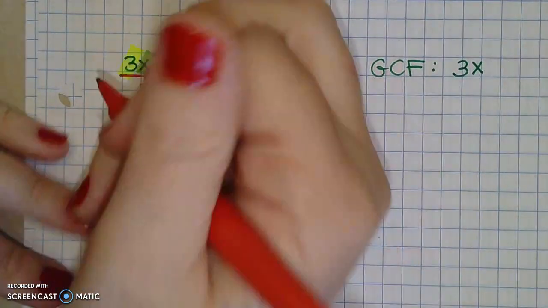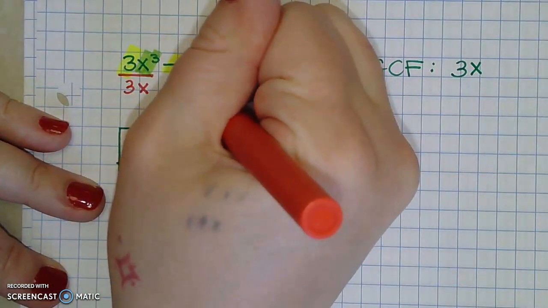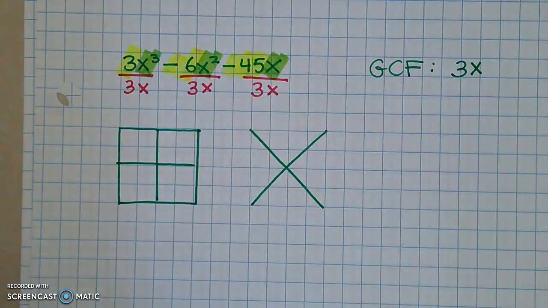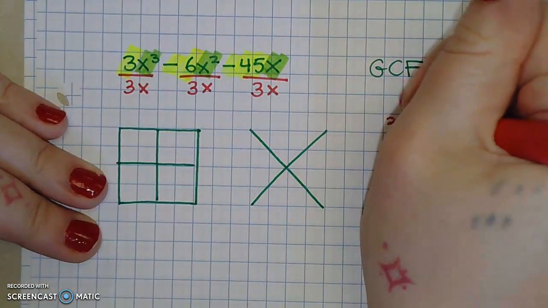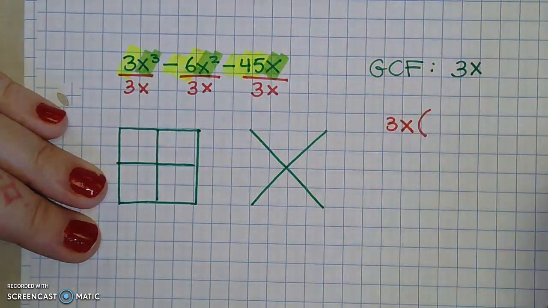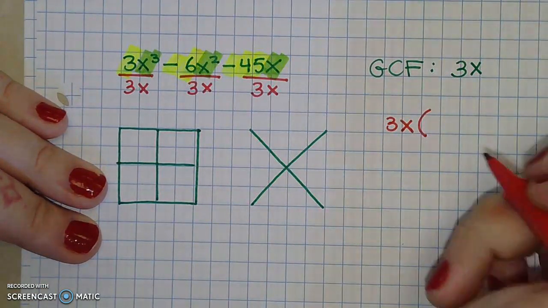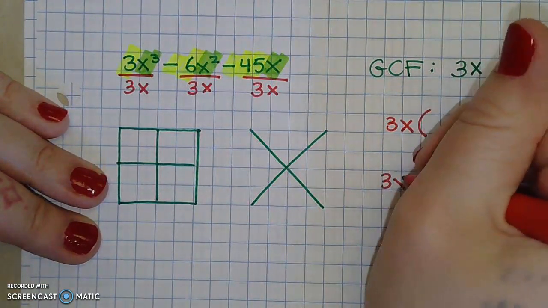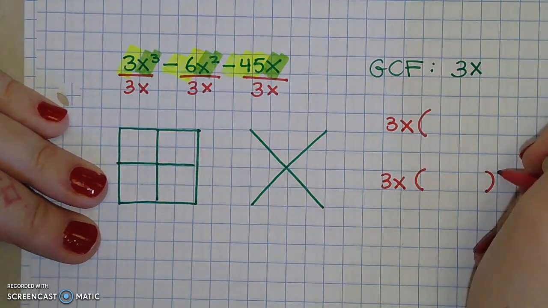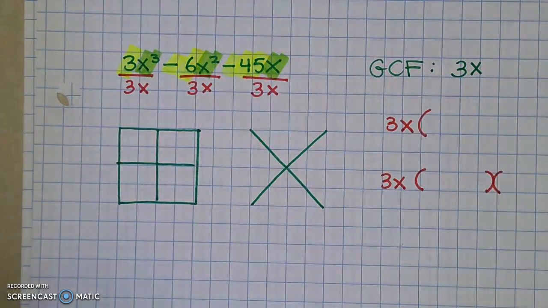So I'm actually going to divide a 3x out of each term. And so when I'm writing my final answer, I will have 3x in the front. And when I have my final answer, my factored form, it should look like this.